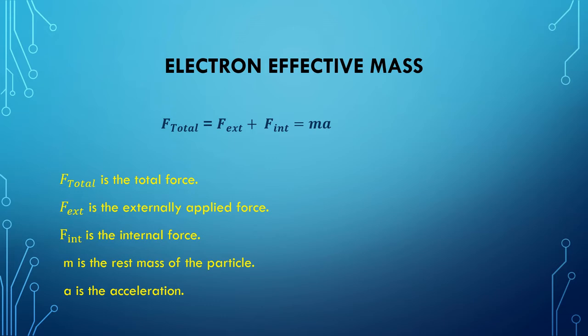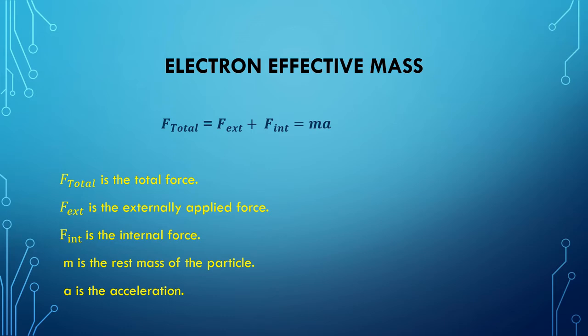So this is the total force of an electron when it moves through a crystal lattice structure. It moves with its mass, and due to some acceleration, it accelerates from one side to the other. So this is the total electron force in the crystal.